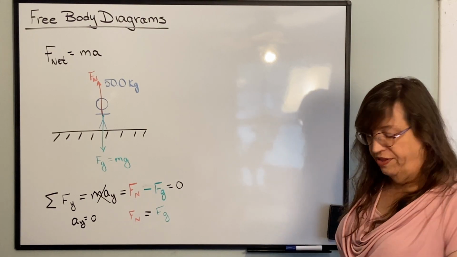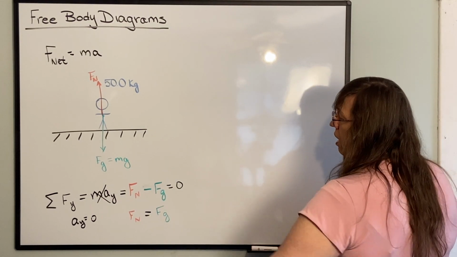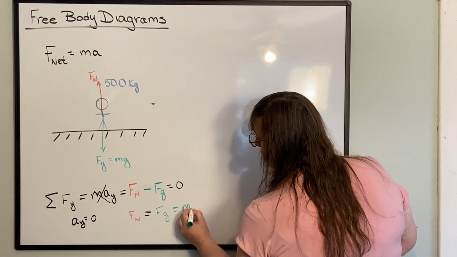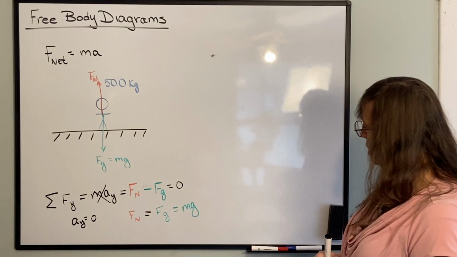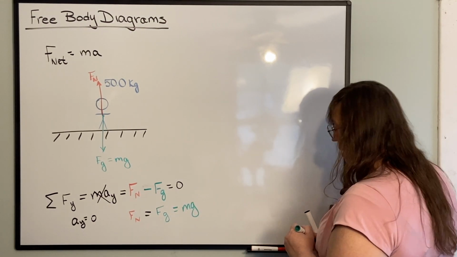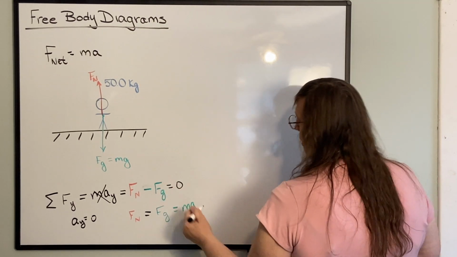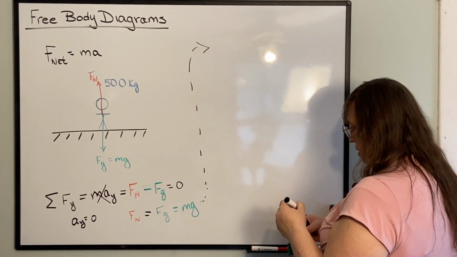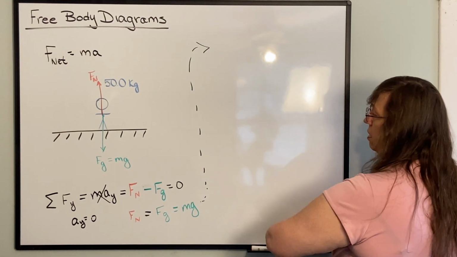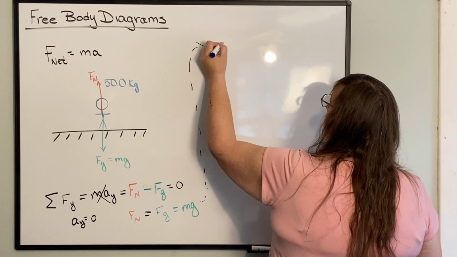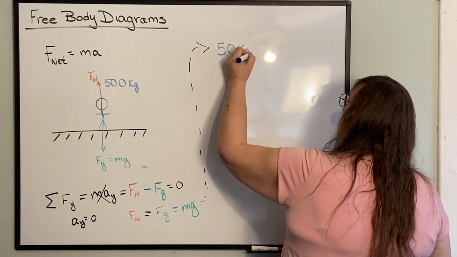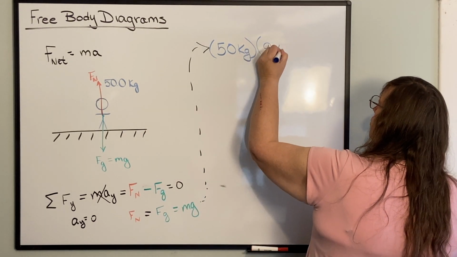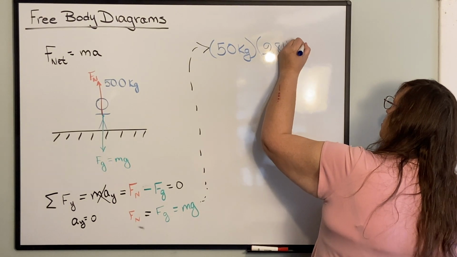So let's actually go through and solve this. We know that Fg is equal to mg. According to the problem here, m is 50 kilograms, so I'm going to have 50 kilograms times gravity, 9.81 meters per second squared.